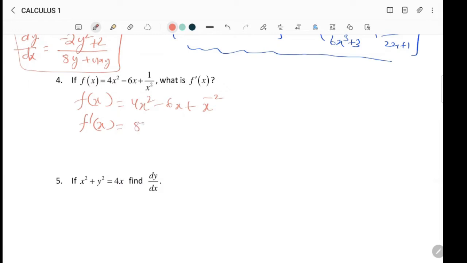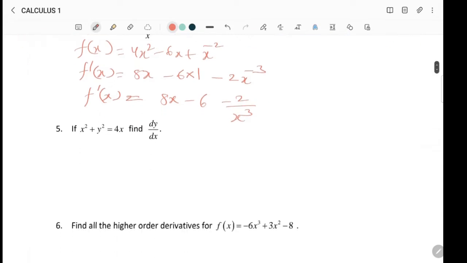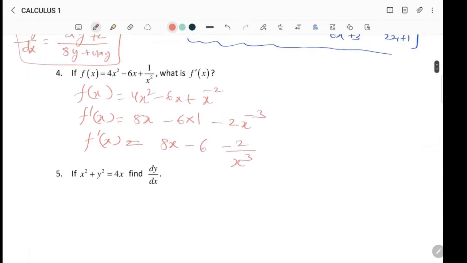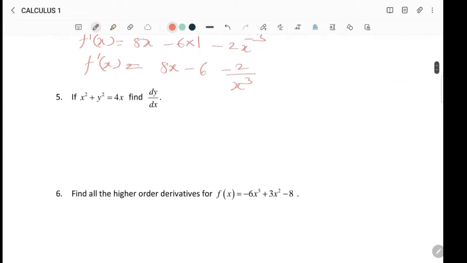So f dash x is 8x minus 6 times 1, and this is minus 2 times x to the power minus 3. So now f dash x will be 8x minus 6 minus 2 over x cubed.